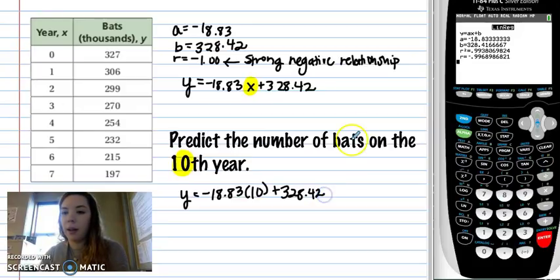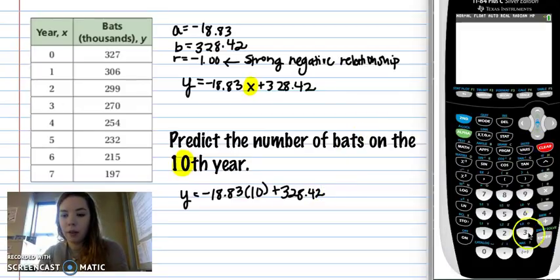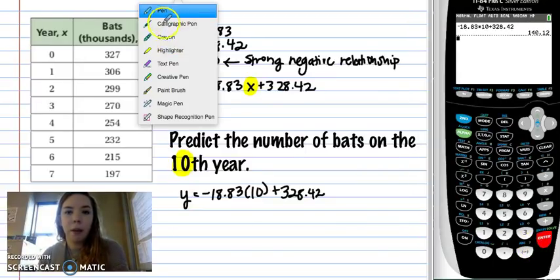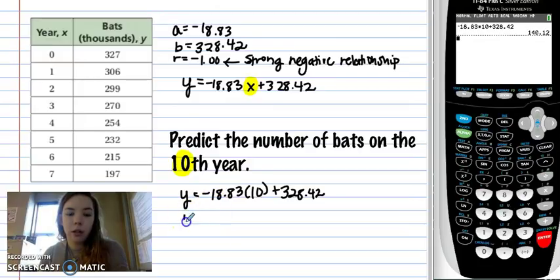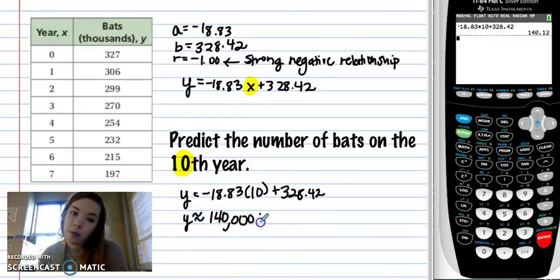And I'm going to type that back into my calculator. And again, bats can't really have a decimal, so we are just going to round to 140,000, because it says in thousands, bats.